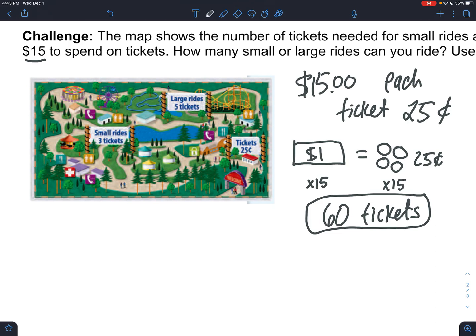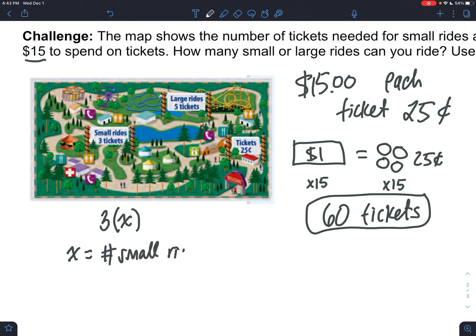Now, if we want to make an equation for this, say you rode like 7 small rides. That would be 3 tickets times the 7 rides that you make, right? So there's this multiplying that's happening. So we'll call that x.